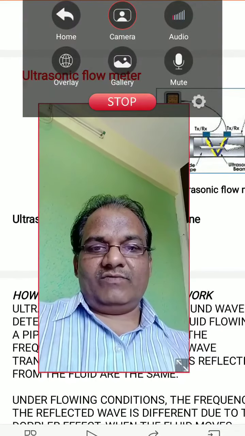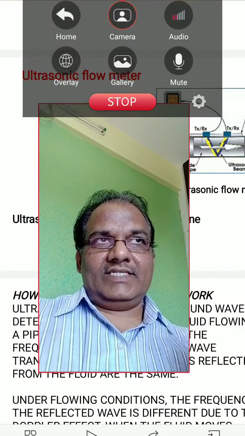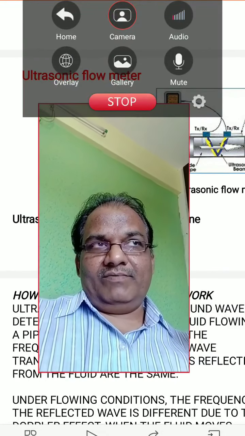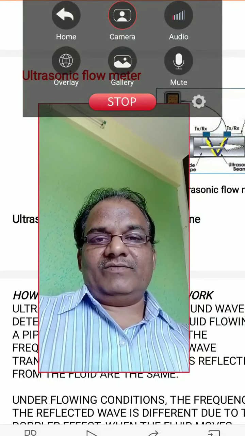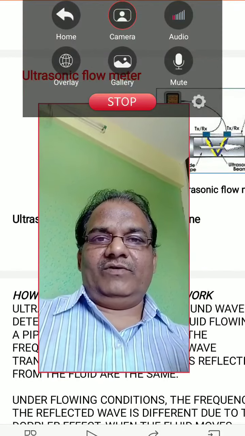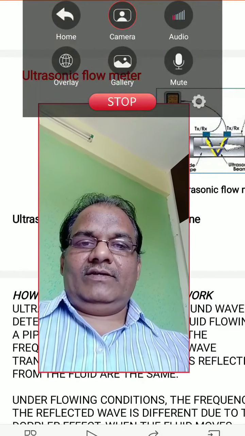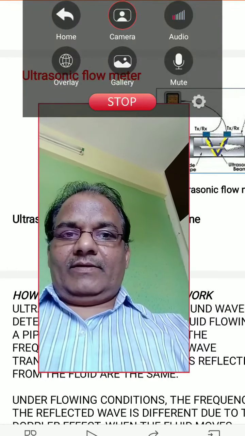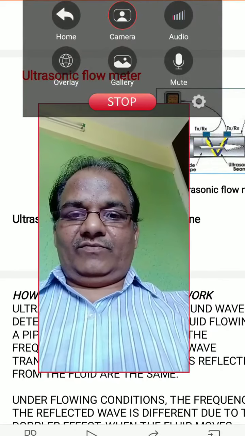In the case of the ultrasonic flow meter, ultrasonic waves are transmitted in an empty pipe and the time is the same, but when the pipe is fully flowing, there is a time difference between the transmitted and received waves because of the higher pressure of the fluid, and that is called the Doppler effect. Because of this time response it will show us the pattern, and that pattern we are going to consider to measure the flow rate.